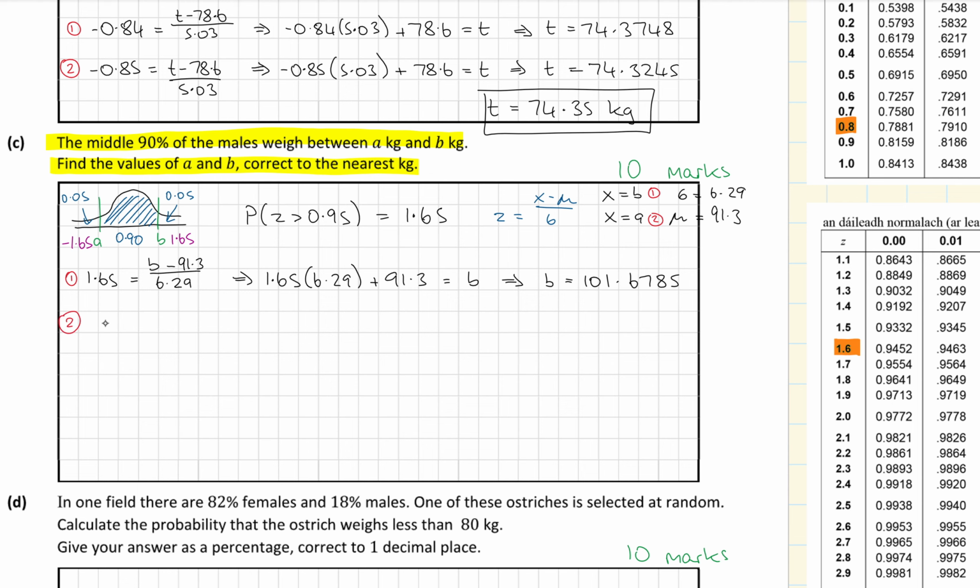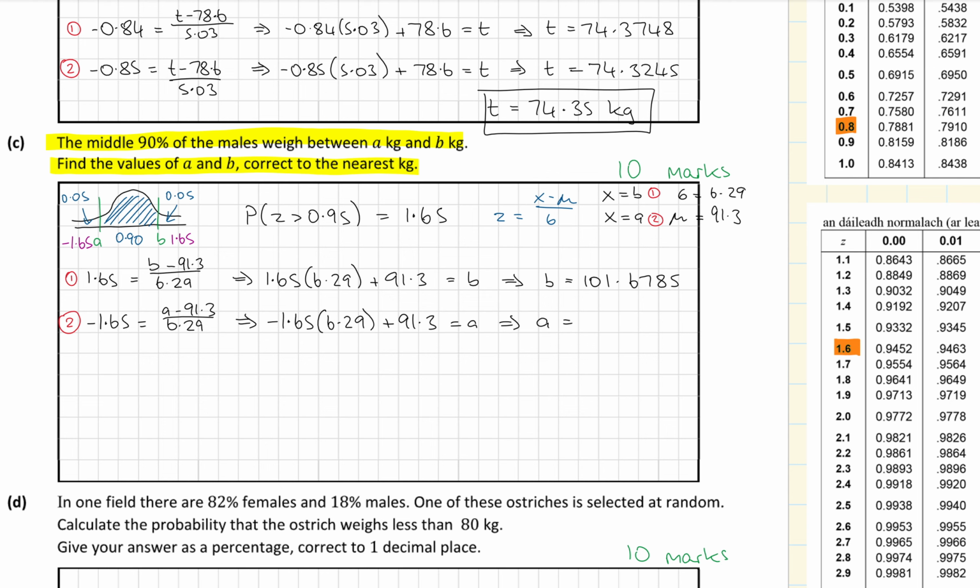we know it's minus 1.65 will equal a minus 91.3 over 6.29. Cross multiply by 6.29, bring over your 91.3. That equals a. Enter your calculator.